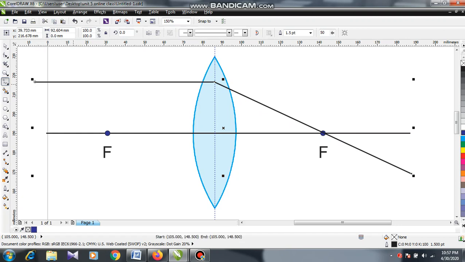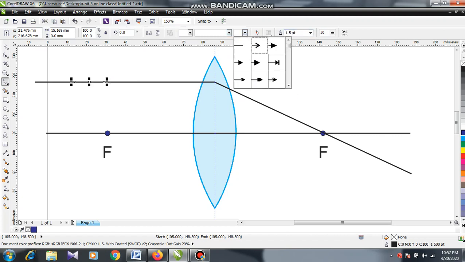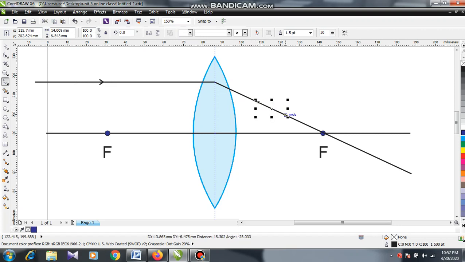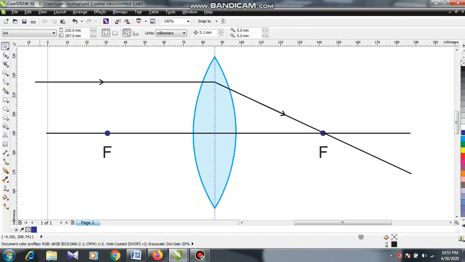So if you draw the arrowheads here, the arrowhead will be looking this way. Right? So this ray is coming from the left side above the principal axis.